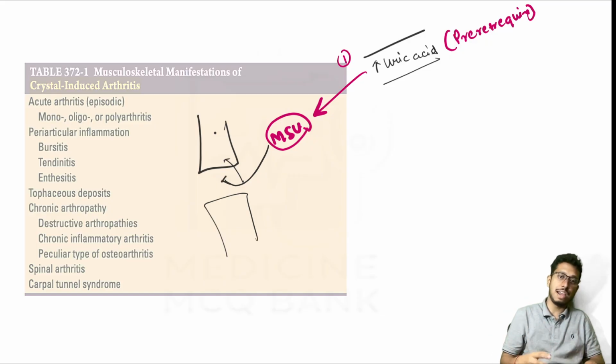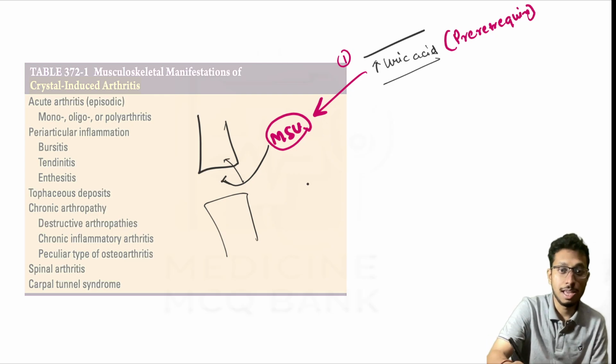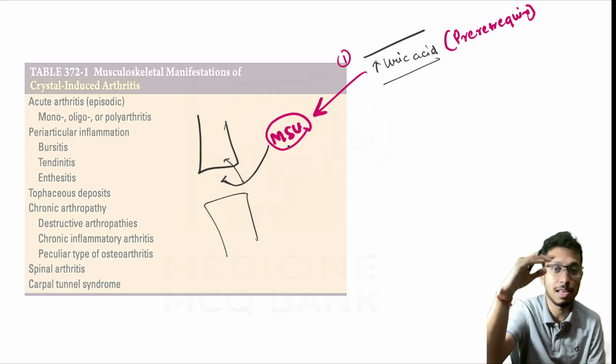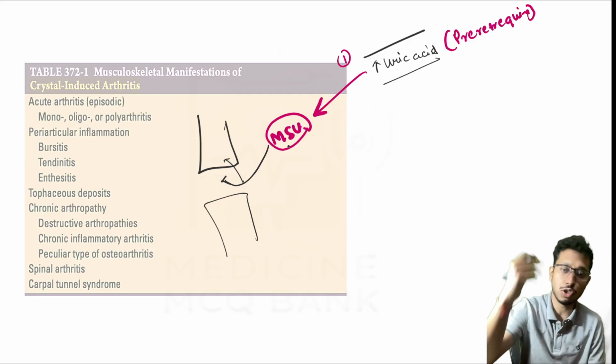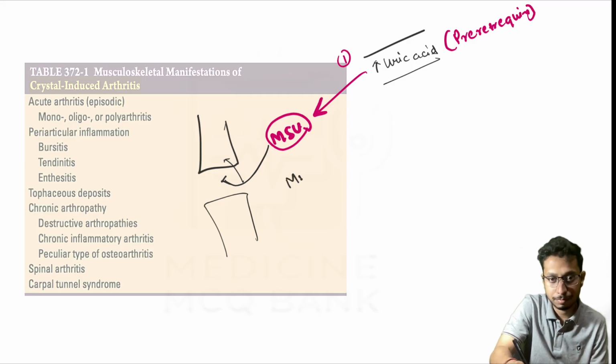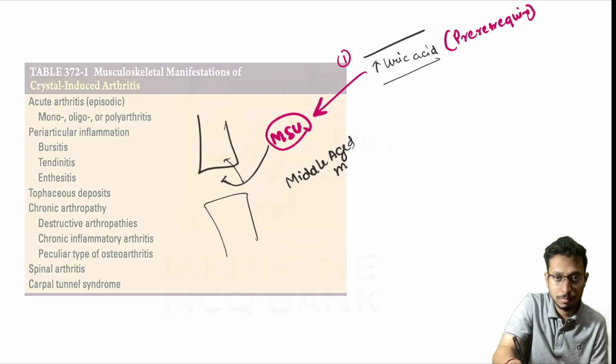The patient is absolutely fine, and there is again a bout of attack of gout. Usually, there are some precipitating factors present, like alcohol intake, purine-rich food intake, or some drugs which the patient might be on currently, for which this gout attack happens, right? And this gout attack causes disabling, severe pain, most commonly seen in middle-aged men.